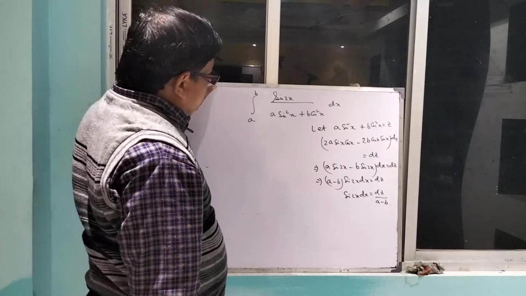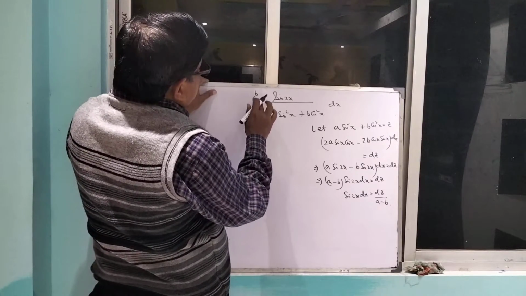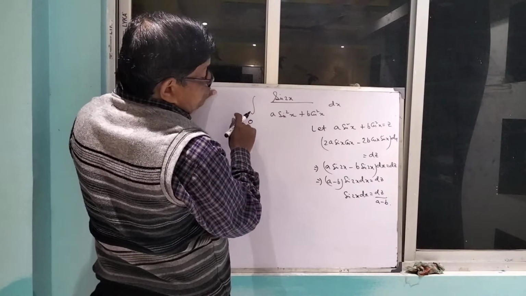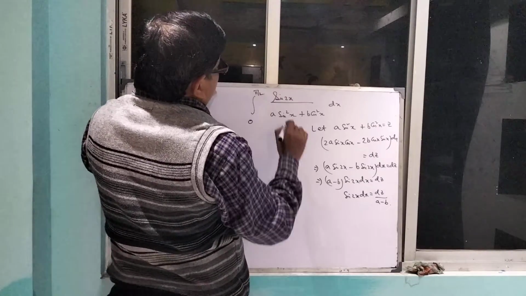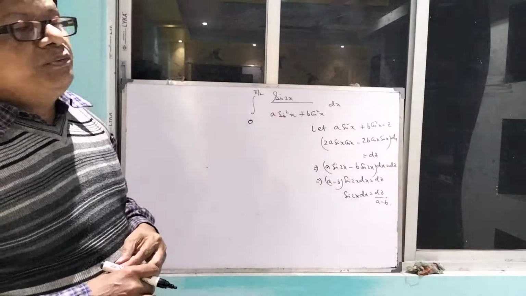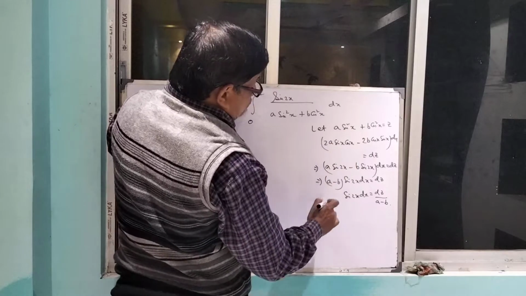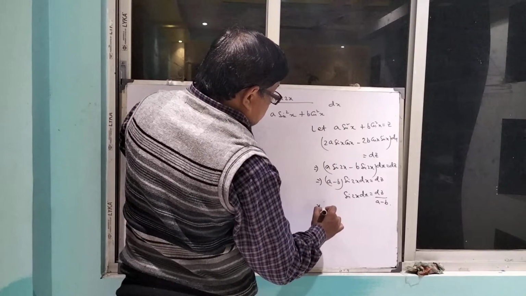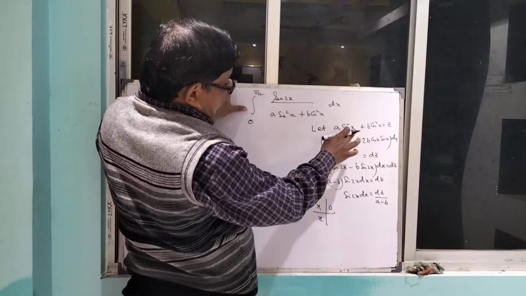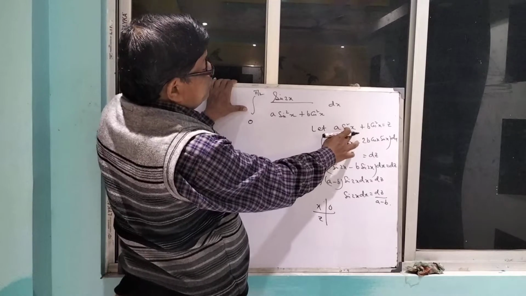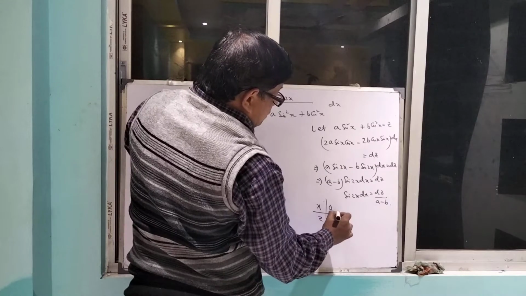Listen. So here the limits are 0 to pi by 2. If x is 0, you put x equal to 0: this part will be 0, cos 0 is 1, so z will be b.